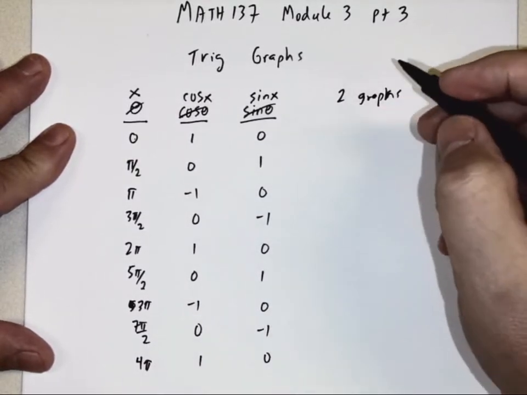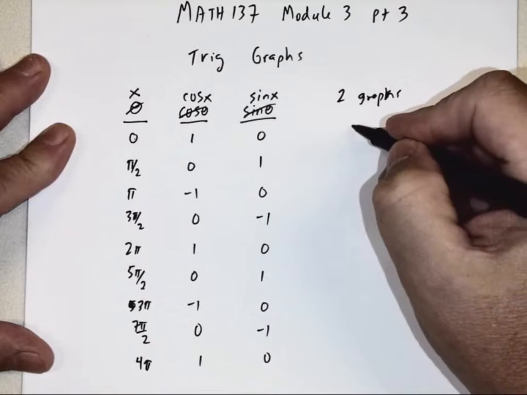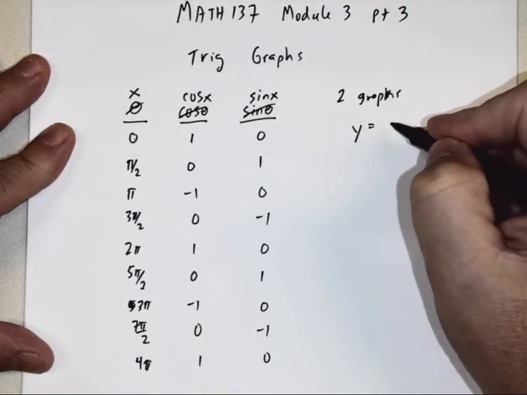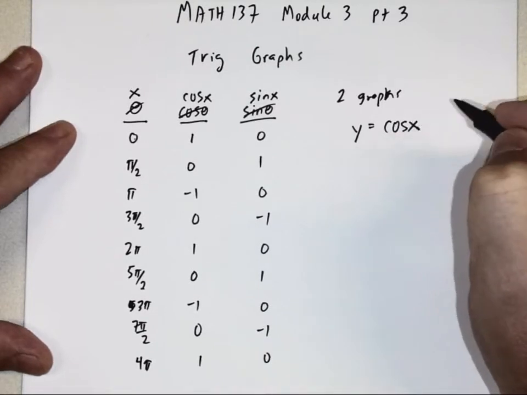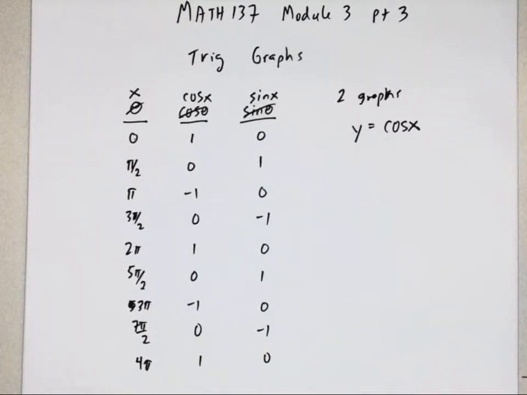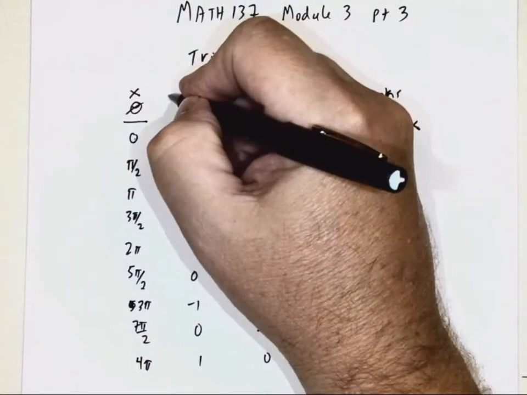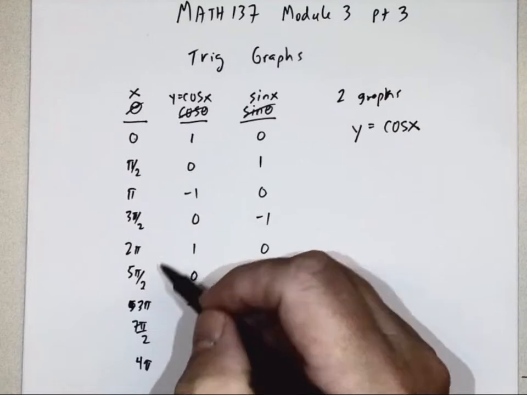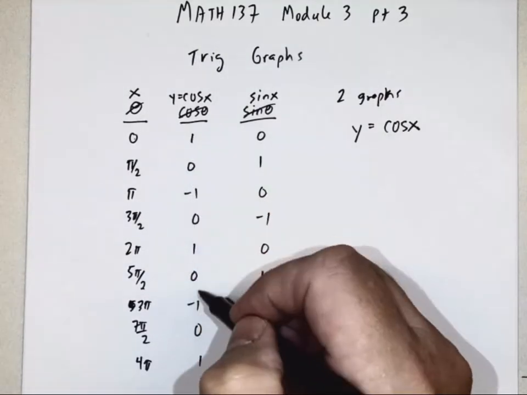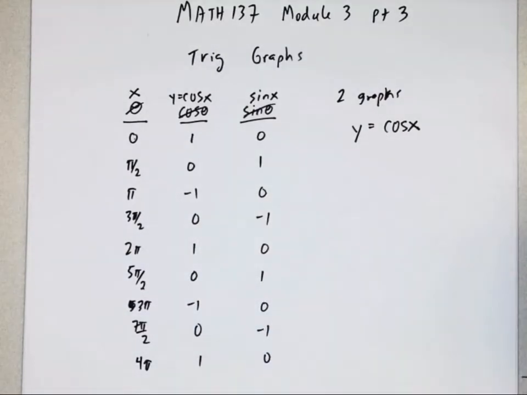And the equation we're going to first graph is y equals cosine of x. Where basically here's my x, and this is going to be the cosine of x, or I can also call this y.